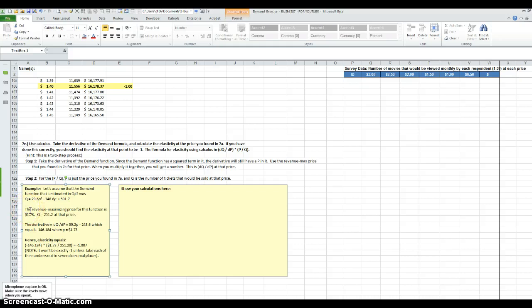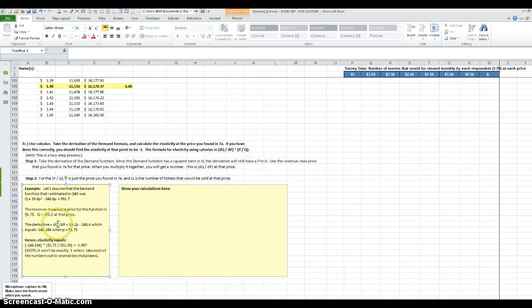It turns out that the revenue maximizing price for that function is $1.73, and at $1.73 we would sell 251.2 units. Okay? So the derivative dQ/dP of this is 59.2p minus 248.6. Since I've still got this p there, when I plug in $1.73, this whole thing equals -146.184.